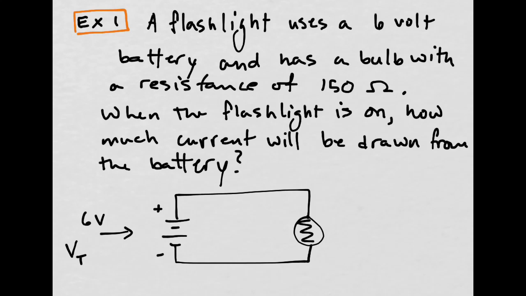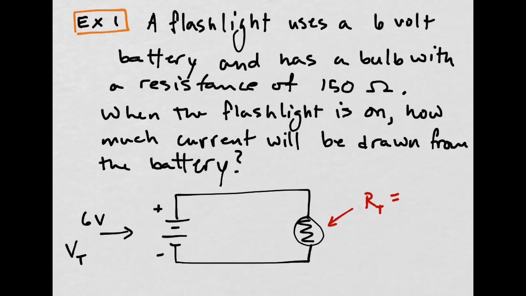And then we use Ohm's law. I know that the resistance of the bulb is the total resistance in the entire circuit, because there's only one bulb, only one thing to resist.